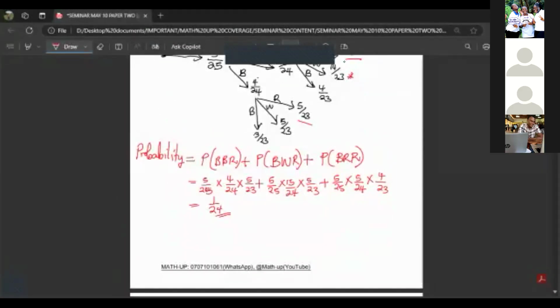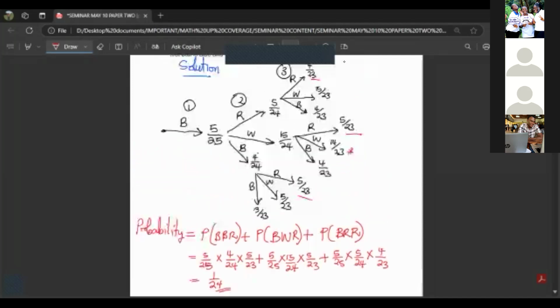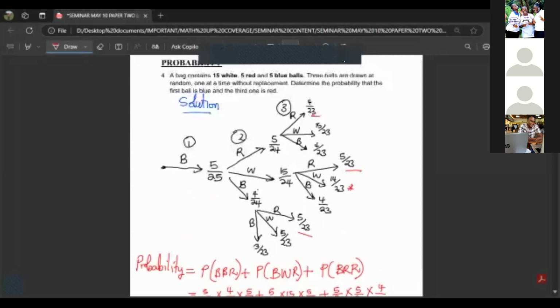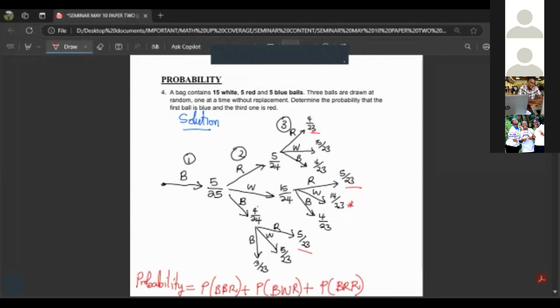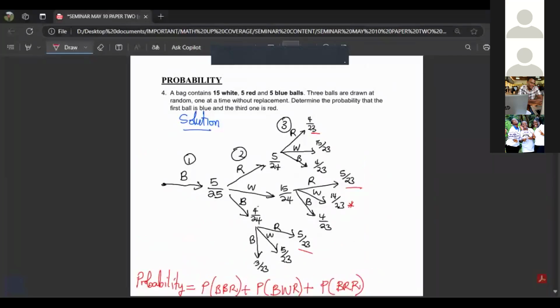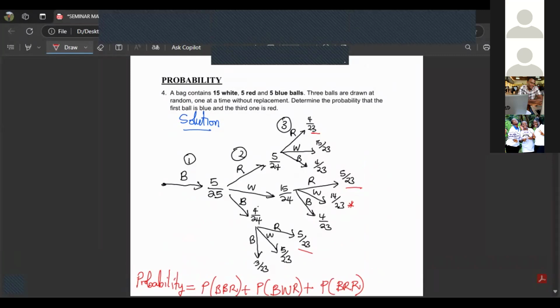Logically, this statement means they want the probability of the first ball being blue and the third one being red. In other words, they have restricted that the first ball has to be blue and the last one has to be red. So your second ball could be a white one, a red one, or a blue one. That's how I've encompassed that in this tree diagram.